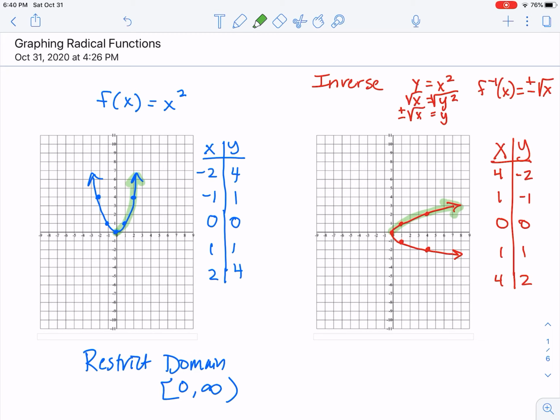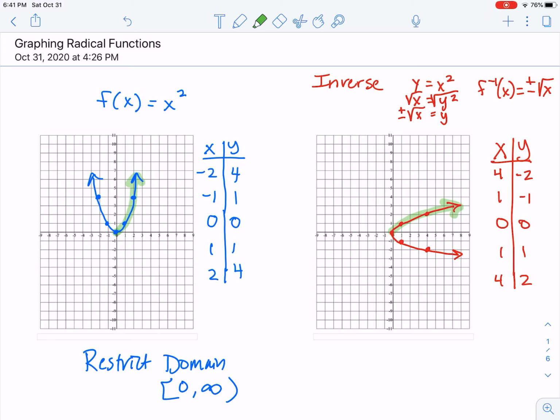Okay. So when we restrict the domain of f, now the part of the inverse that is highlighted in green there, just that part, the top part of the inverse, passes a vertical line test. So with a restricted domain, we have a new parent function.